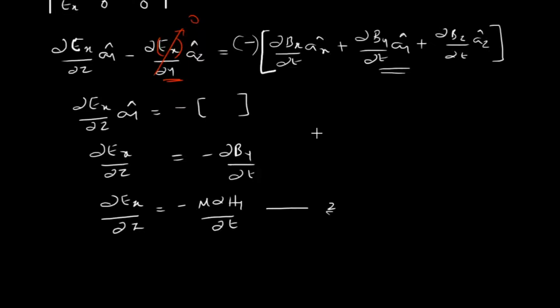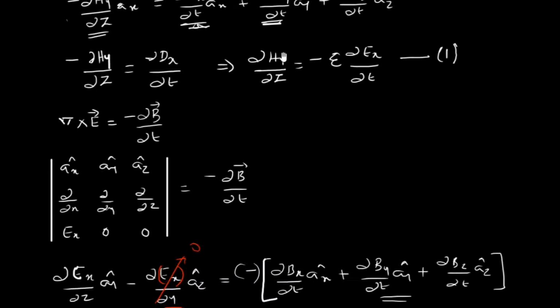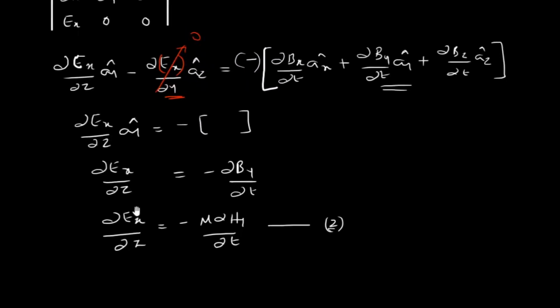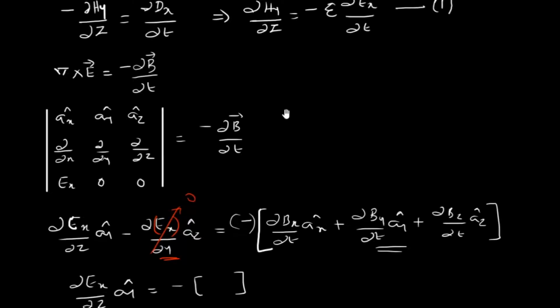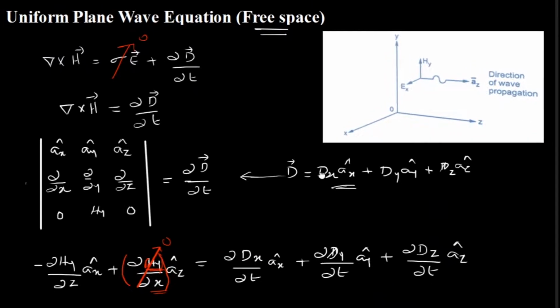So we have now two equations, equation number 2 and equation number 1. Equation number 1 was ∂Hy/∂z, that is variation of Hy in z direction. And here we have variation of Ex in z direction. So if you refer to the figure, what does it mean? It's interesting.